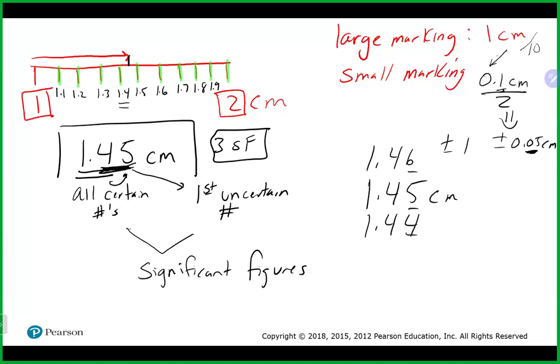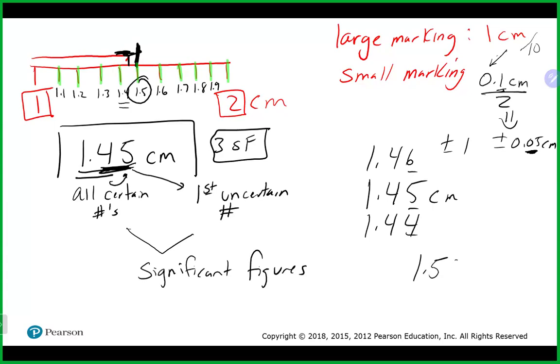We also talked about what happens if it happens to be right on the nose, also really important. I'll extend my arrow right here to this line. For example, if it was right on that line at the 1.5 marking, we would want to record 1.50.